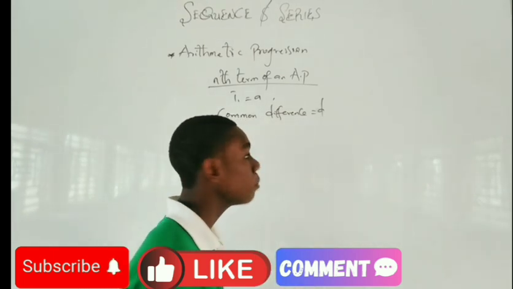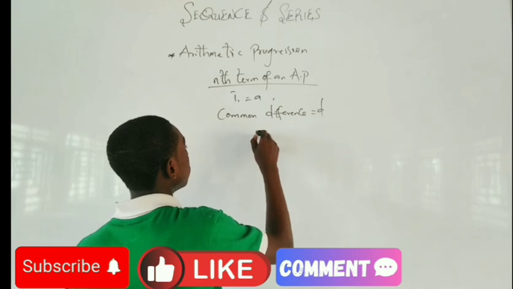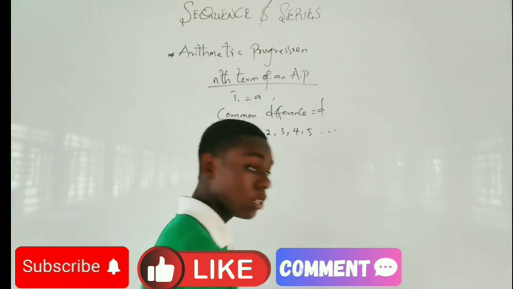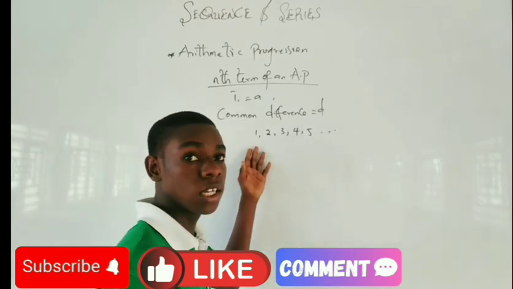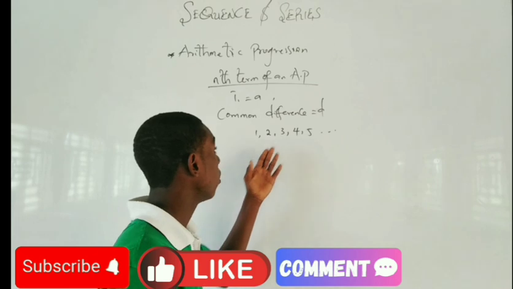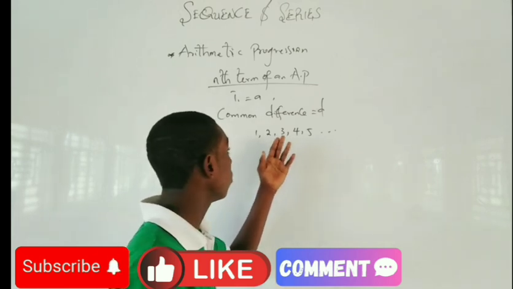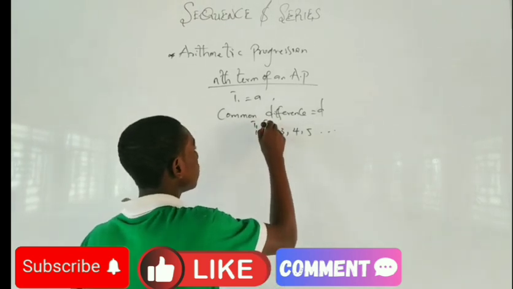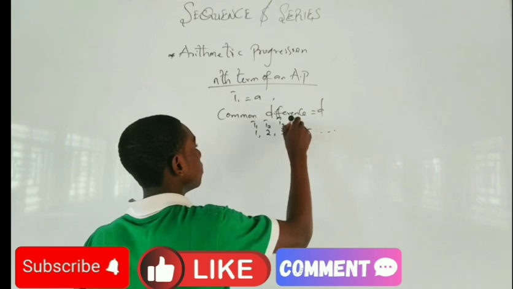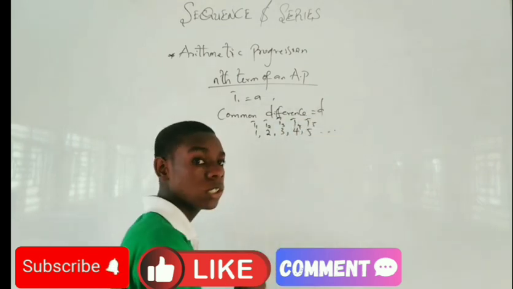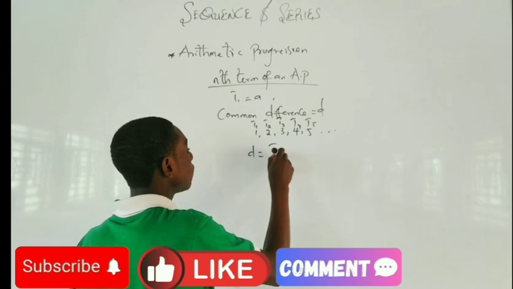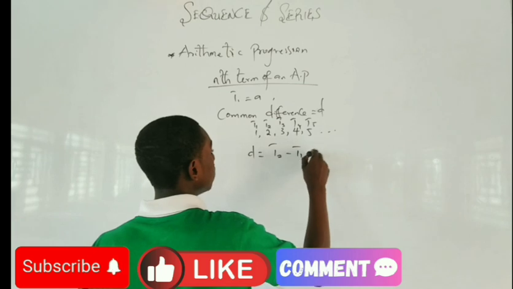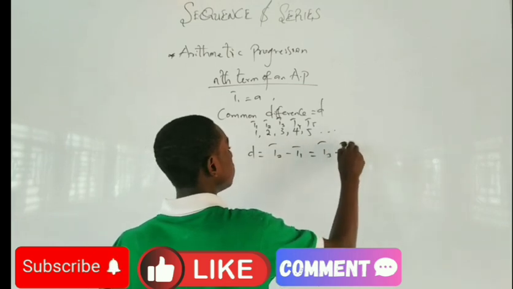For example, we have a sequence of 1, 2, 3, 4, 5 going. The common difference will be the difference between the second and first term, or the third and second term, or the fourth and third term. This is my first term, this is the second term, this is the third term, this is the fourth term, and this is the fifth term. So the common difference will be the difference between T2 and T1, and it's also the difference between T4 and T3.